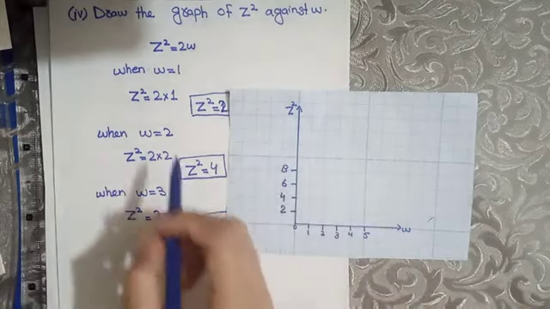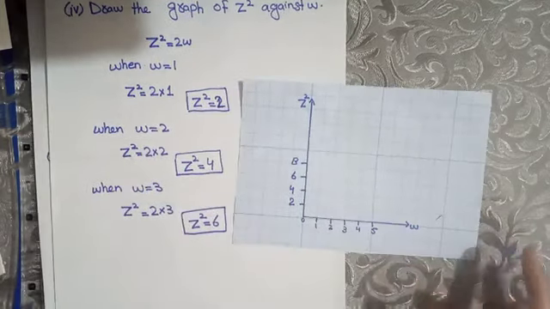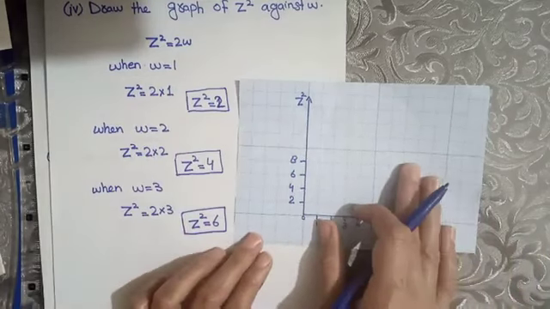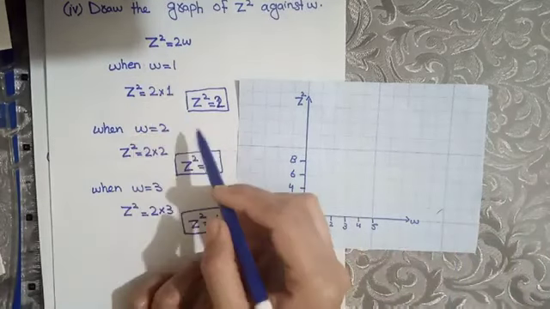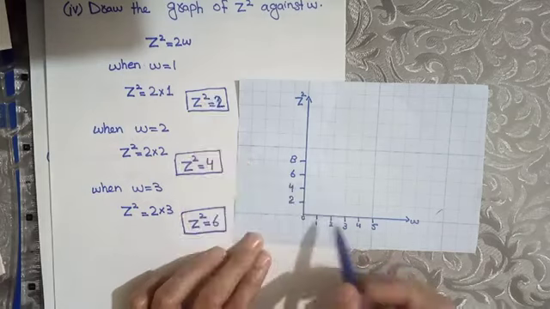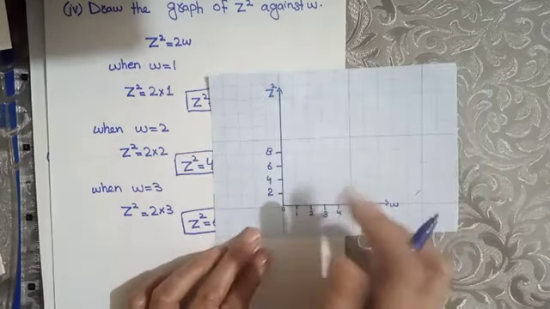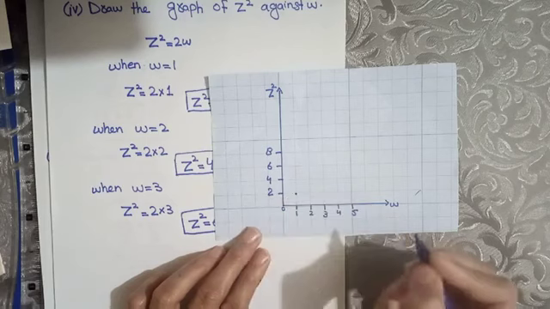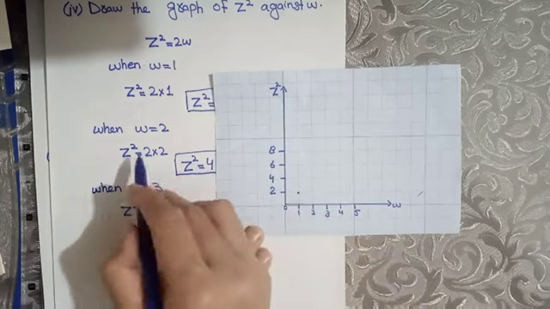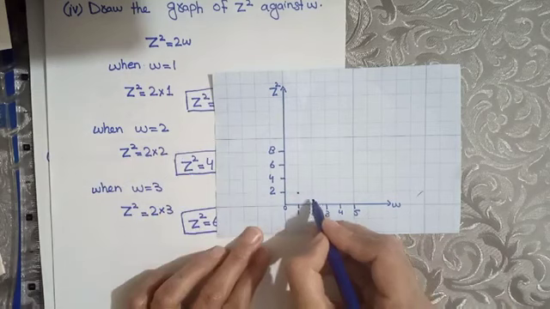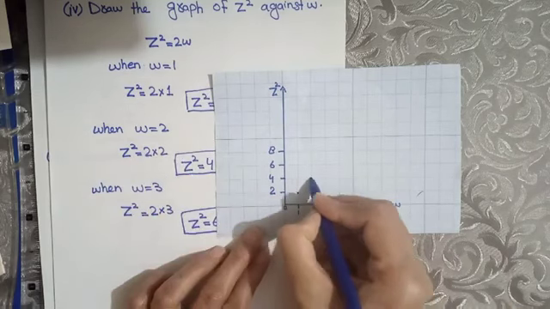Now when we take w is equal to 1, then we get z square is equal to 2. When w is equal to 2, z square is equal to 4.